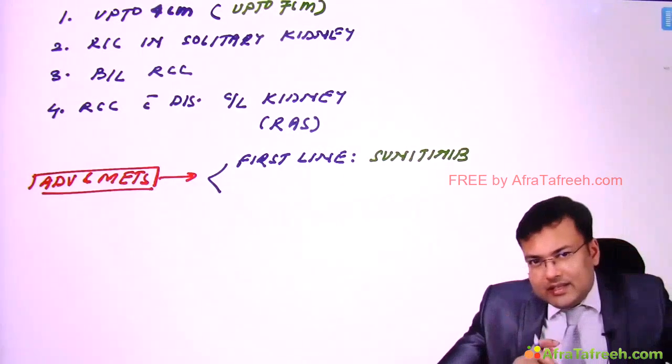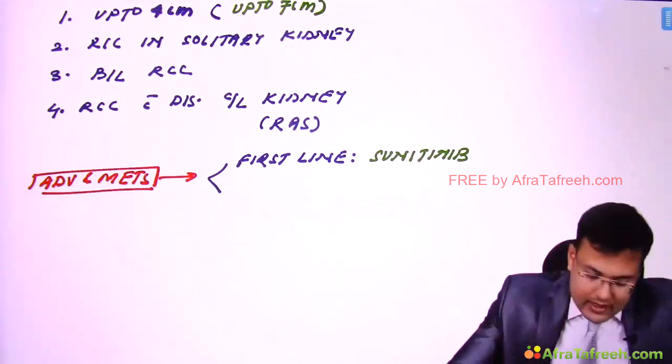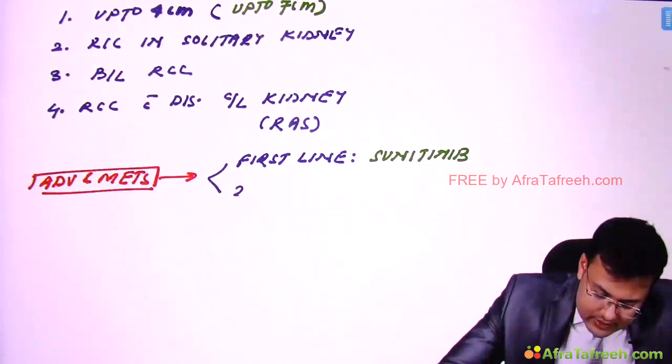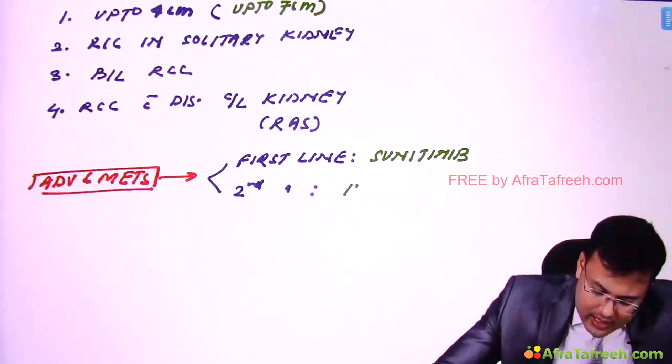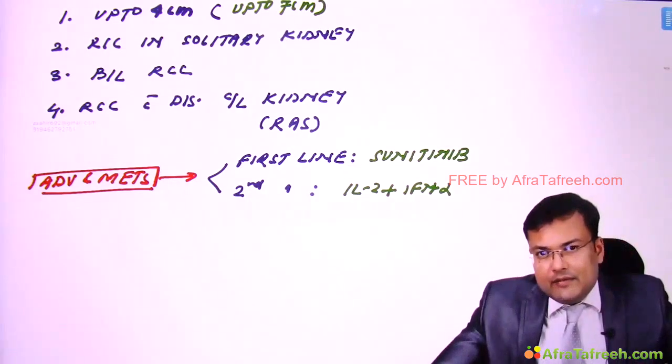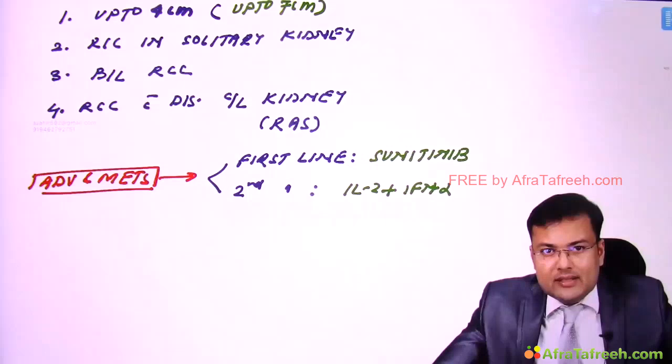Clear? In HCC we discussed it was sorafenib, and here what's the second line? This is IL-2 plus interferon alpha. So this is how we manage RCC.